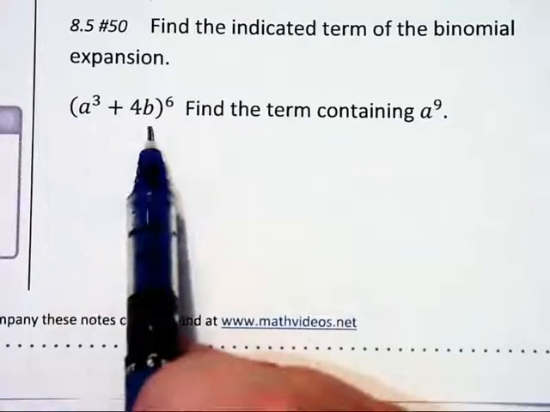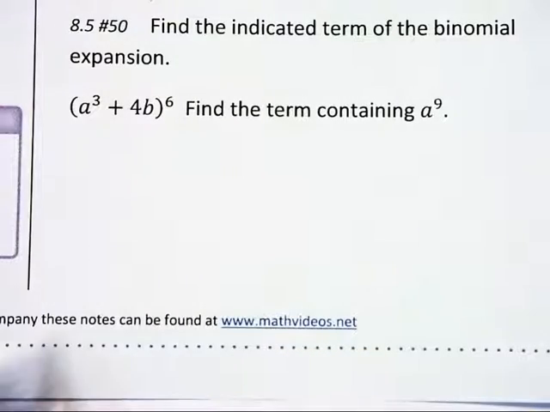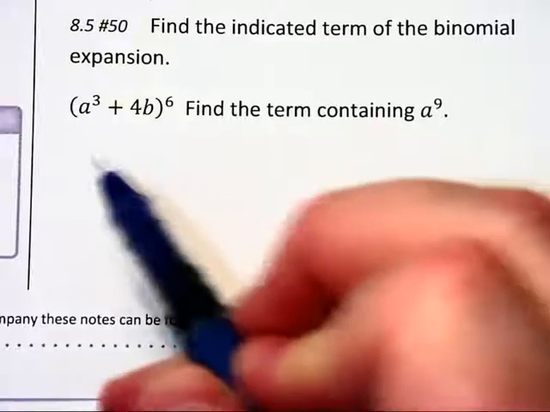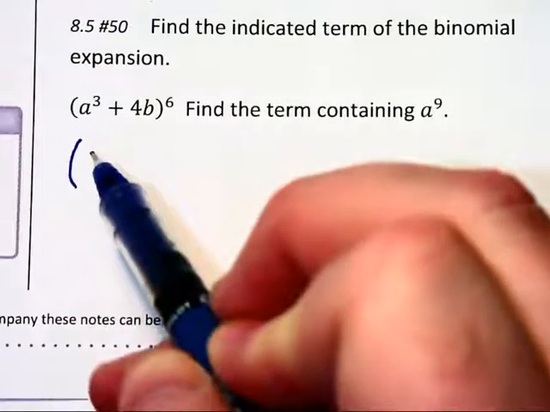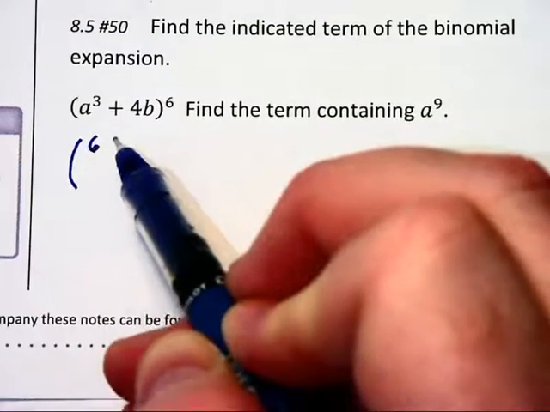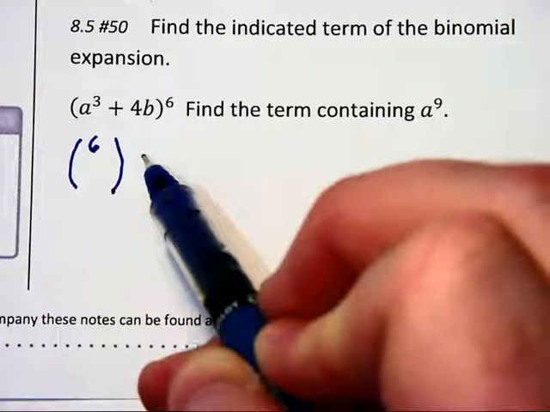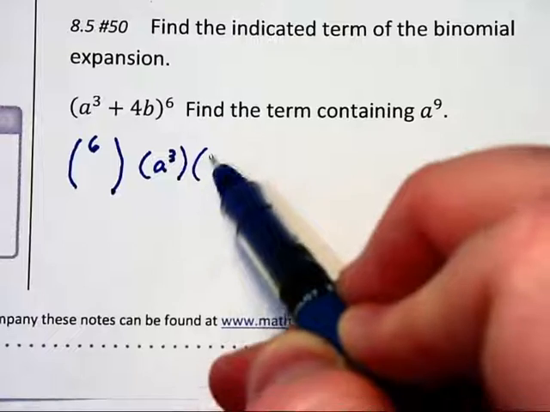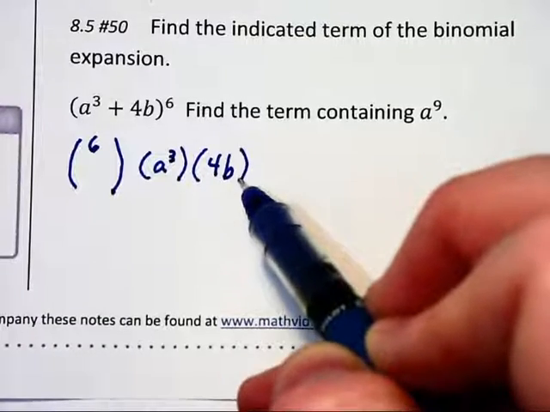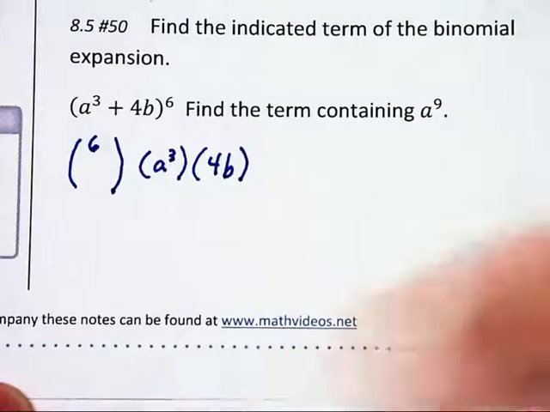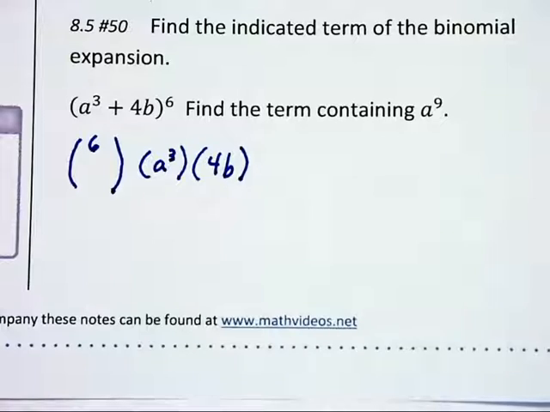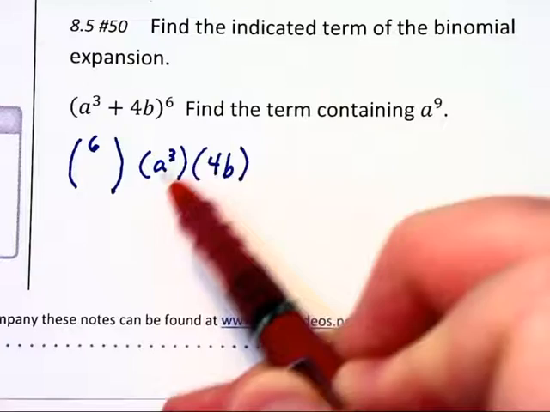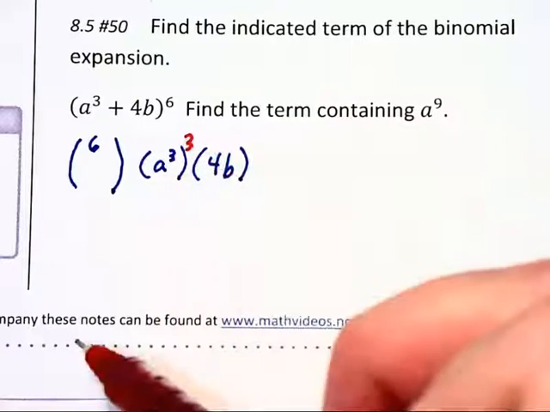We have our binomial being raised to the 6th power, and this time we want the term containing a to the 9th. We know we will have 6 choose something. We also know we will have a cubed to some power and 4b in parentheses raised to some power. In order to have a to the 9th in our value, it's going to have to be a cubed getting cubed.